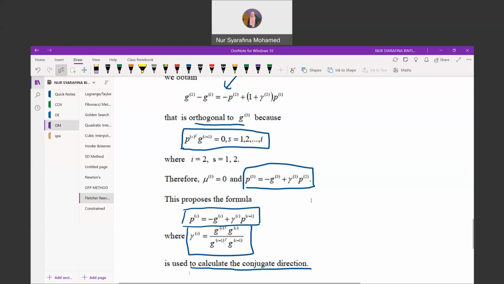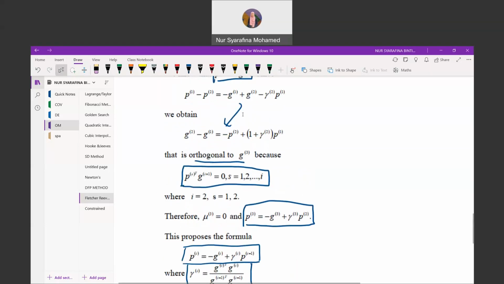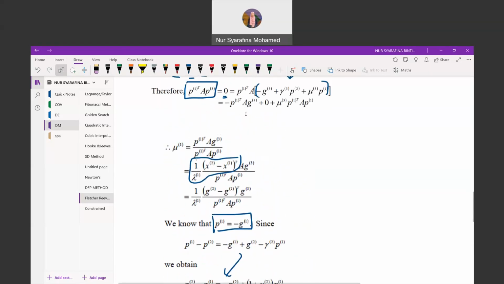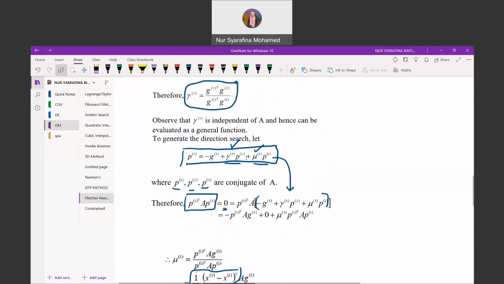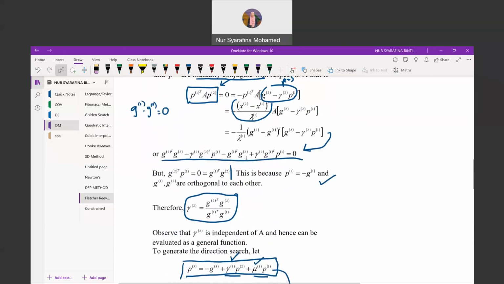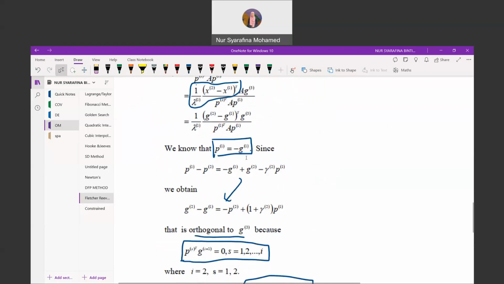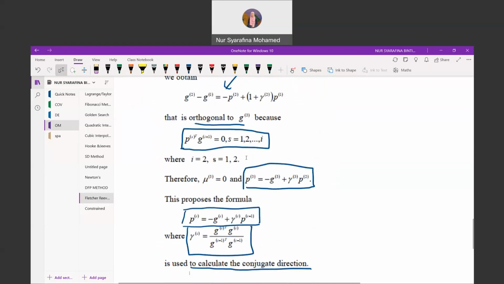The value of mu here is just another scalar for the next iteration. As you can see, at each iteration, it moves conjugately with a scalar. So start with lambda, and then we have gamma, and then we have mu. To simplify all of those things, we use this formula of conjugate direction.